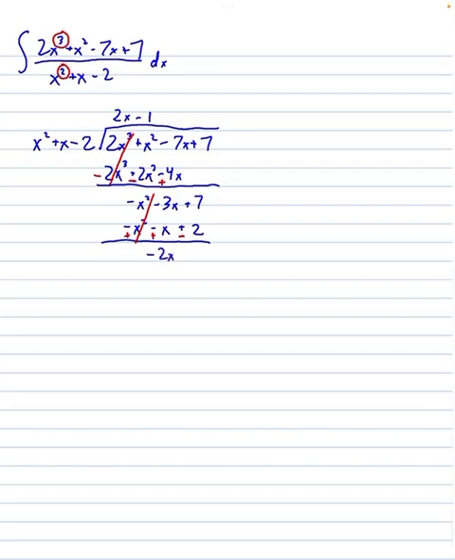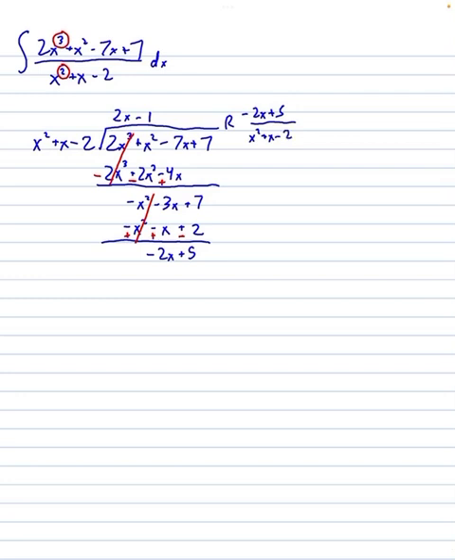And then 7 minus 2 is going to give us 5. So now, x squared will not go into negative 2x. All right, so this is our remainder, which is going to give us negative 2x plus 5 over x squared plus x minus 2.